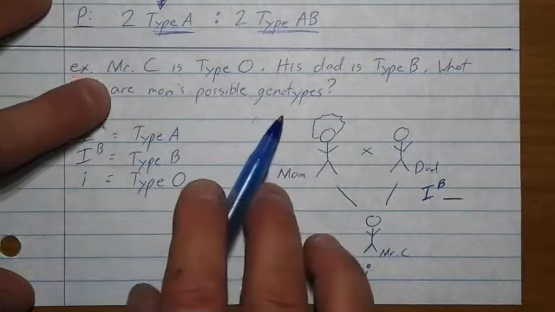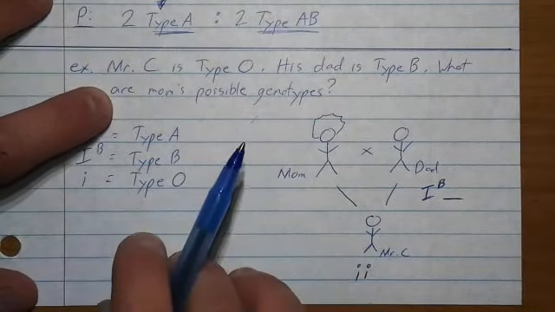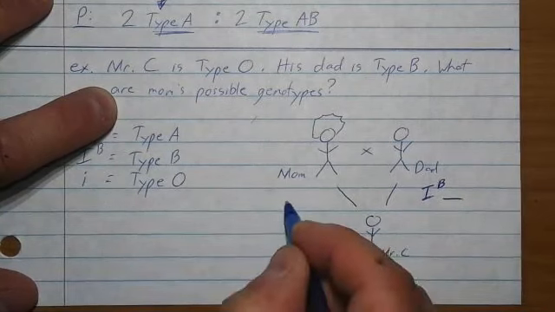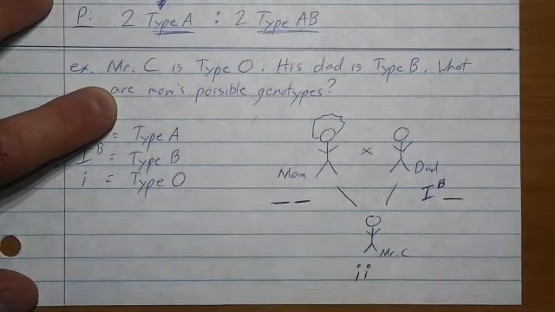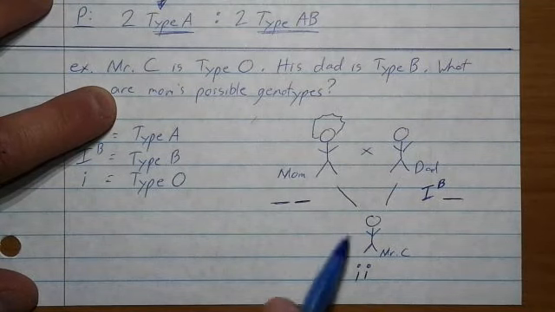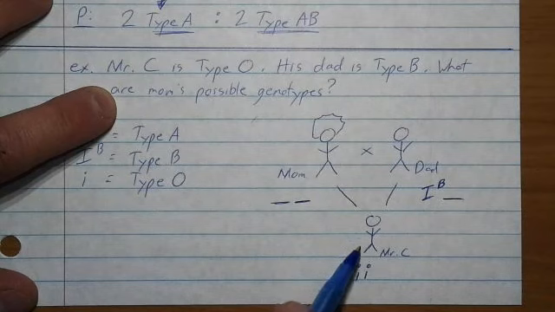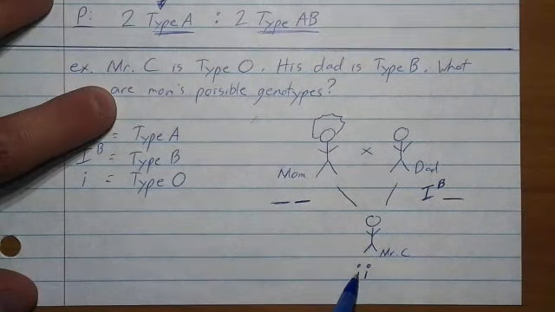And then it says, what are the possibilities for mom? Okay, well, I don't know what mom's are. Mom is blank right now, two blank possibilities. Now, since we're not trying to figure out what the children could be, we already know what the child is. We don't have to do a Punnett square. What we have to do is some thinking. If you look at Mr. Charlton, you could say, well, he had to get these from somewhere, and where did he get them from?